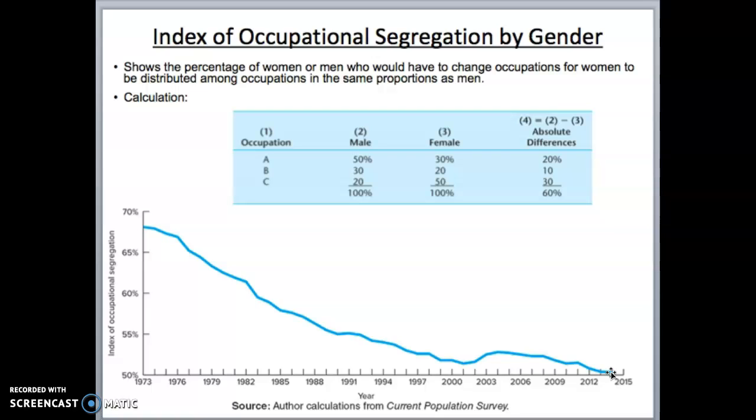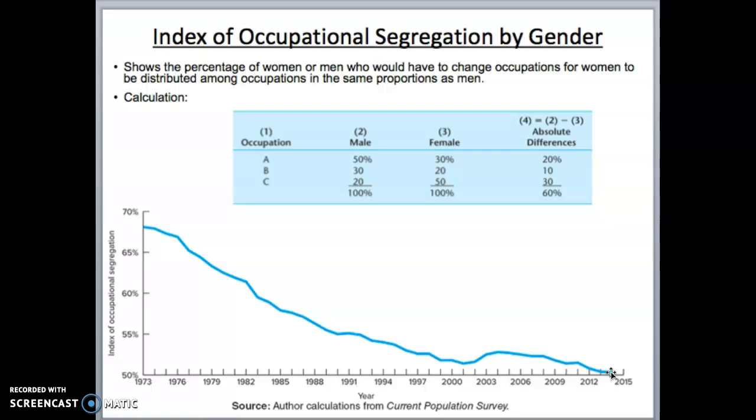It's also important to note that getting a lower index of segregation is just information. It's not necessarily good or bad. Some of the reasons that we see males having higher ratios in occupations than females may have to do with individual choice. In other words, men may be more attracted to construction than women, and women may be more attracted to elementary school teaching than men.